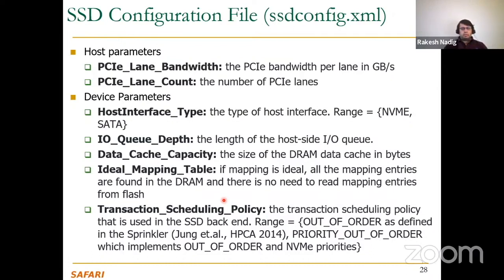And then we have the priority out of order transaction scheduling policy. And this implements the out of order policy with NVMe priorities. So as I said, NVMe has 4 priorities for different queues, like urgent, high, medium, and low. So these are some of the components of the device.